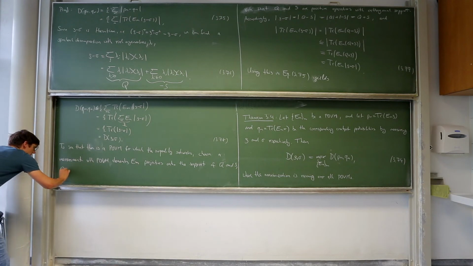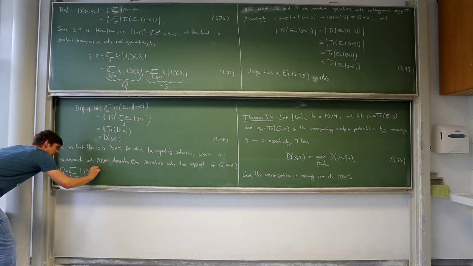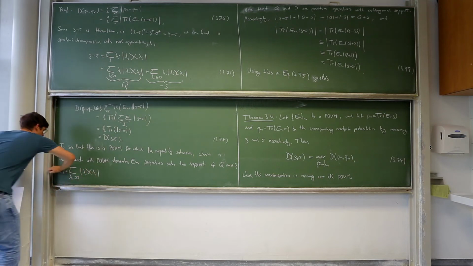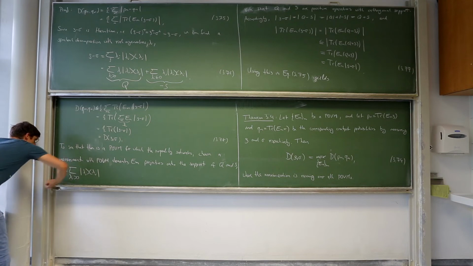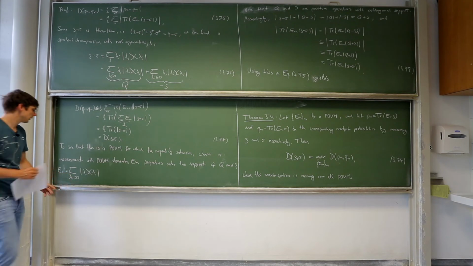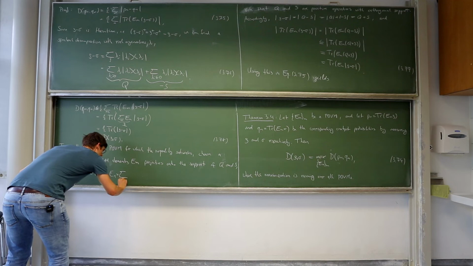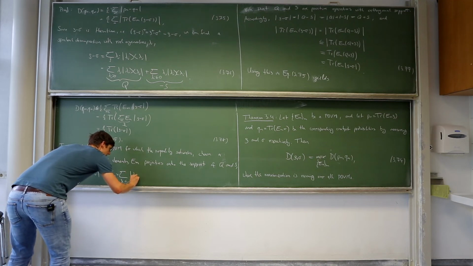So choose E naught, a projector onto the support of Q, the sum over all lambda j greater than 0, and E1 the projector onto lambda j smaller or equal to 0, on the support of S.